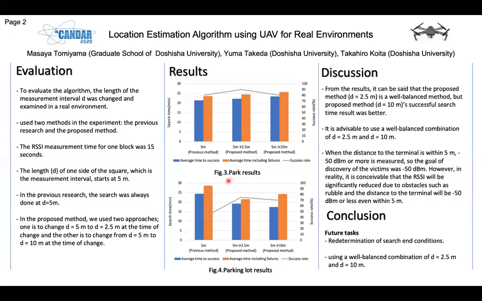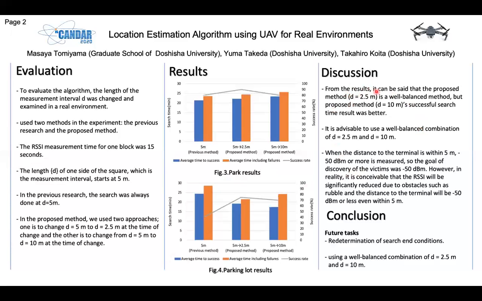When comparing the success rates, the proposed method showed a better result than the previous method. There was no significant change in the success rate between 2.5 meters and 10 meters, but in some cases it failed.